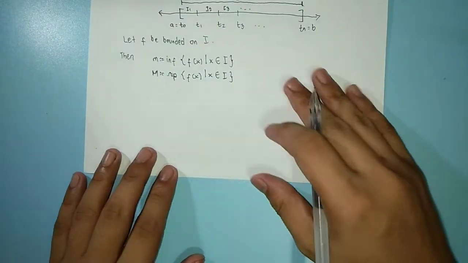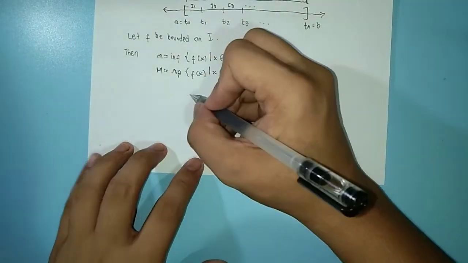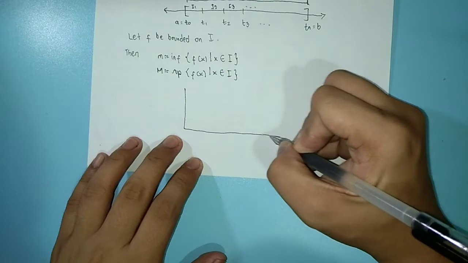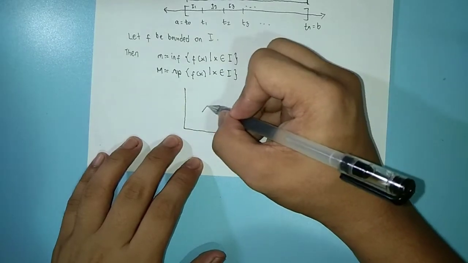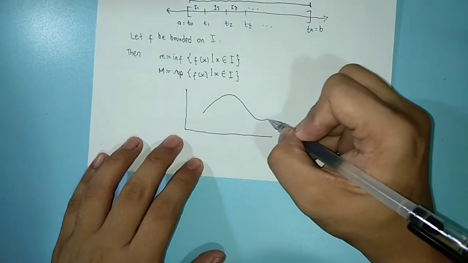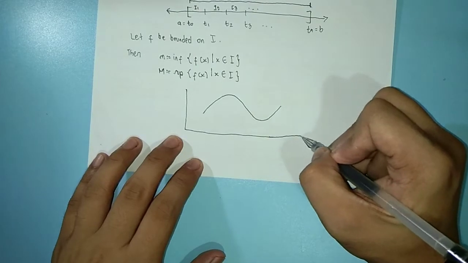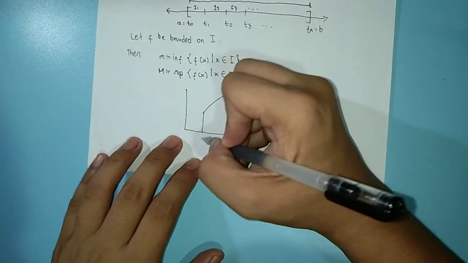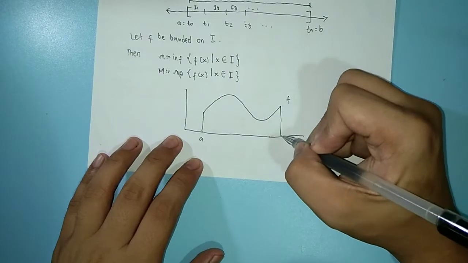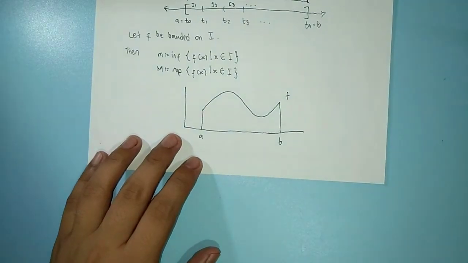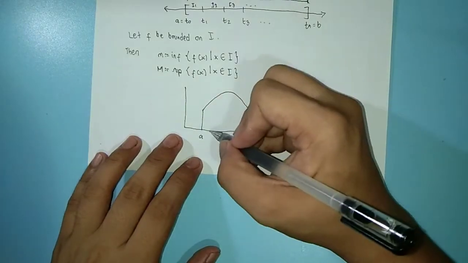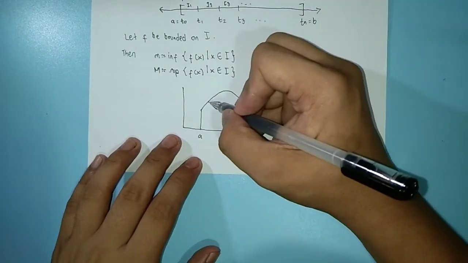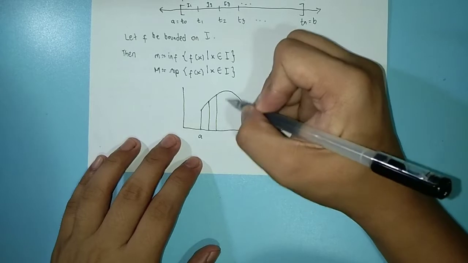So itsura niyan, so let's say ito yung graph ng ating function f. Then let's say ito yung ating a, ito yung ating b. Halimbawa pinartition natin siya katulad nito.